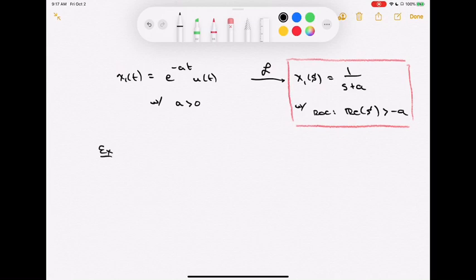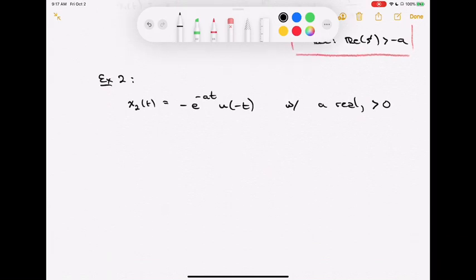As my second example, let's look at some signal x2 of t, and I'm going to let that be equal to minus e to the minus at u of minus t, with a real and greater than 0. I would like to carry out its Laplace transform.